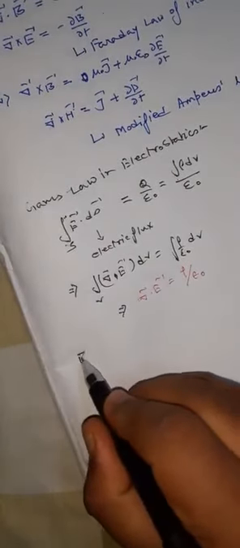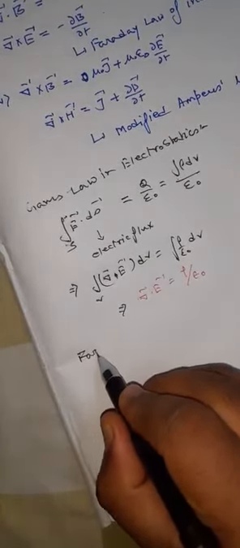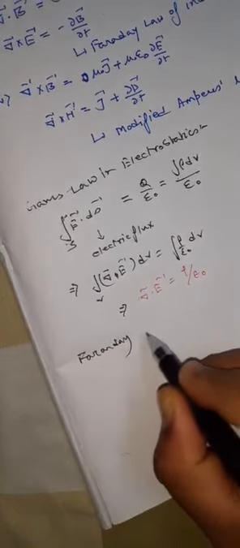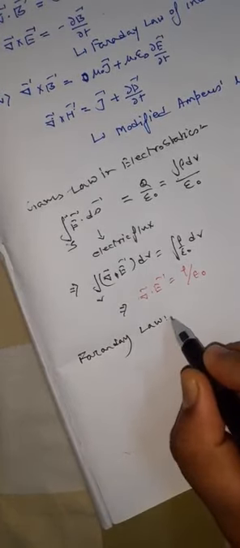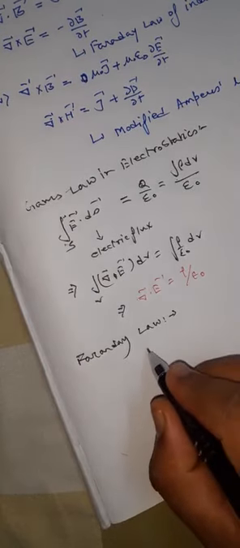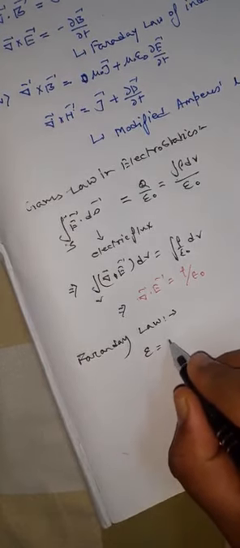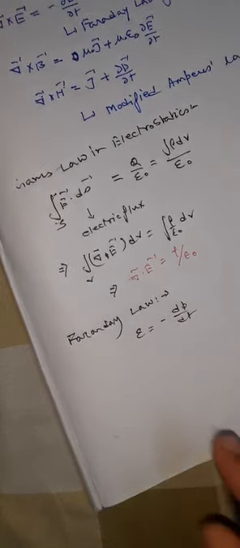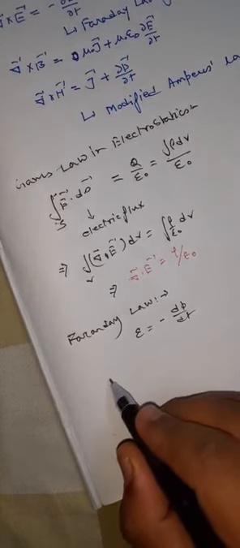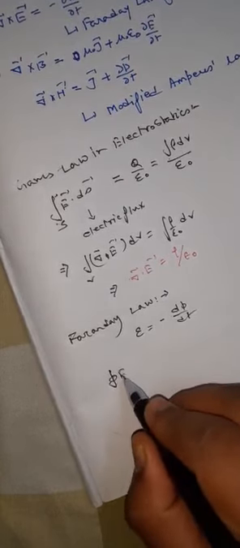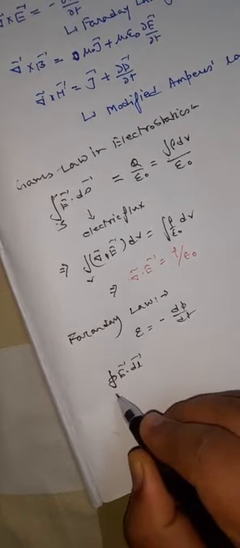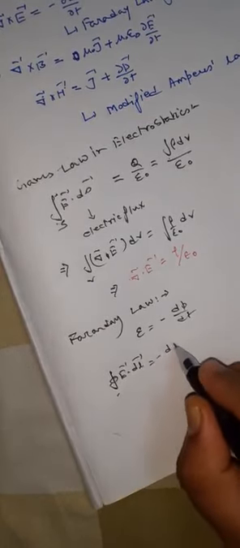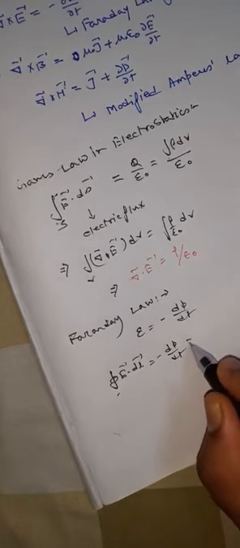Let us consider the second equation, which is Faraday's law. Divergence of B I'll come to after this. Let us start with Faraday's law. Faraday's law states that the induced EMF is the change in flux, so it is E equal to minus d phi dt. The induced EMF we can again write as the closed integral of E dot dl, equal to minus d phi dt, where phi is the magnetic flux.